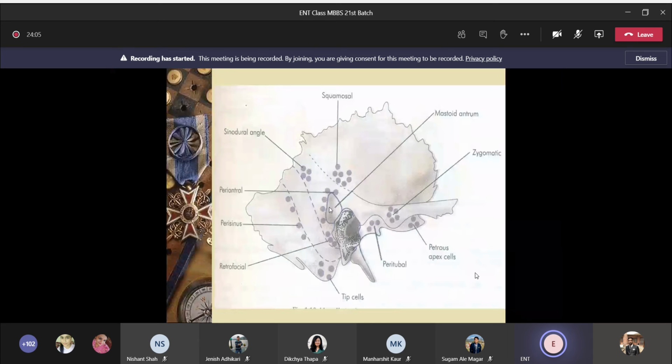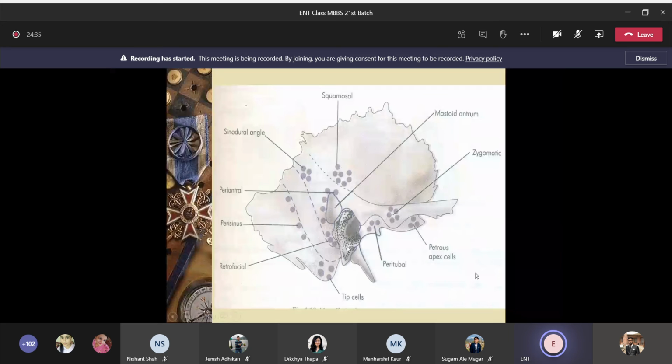So related to the bone, we can give a name. The temporal bone is divided into five parts: the squamous part, the tympanic part, the petrous part, the mastoid part, and this is the zygomatic part. So if there are air cells in the zygomatic part, they are the zygomatic air cells.